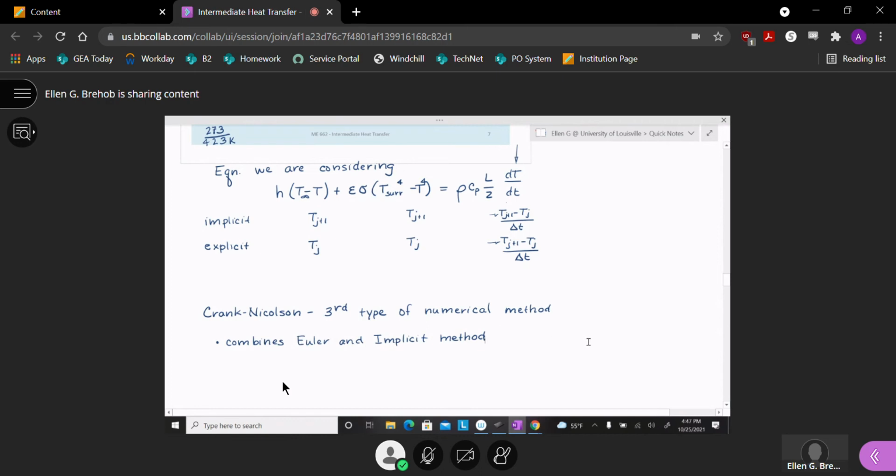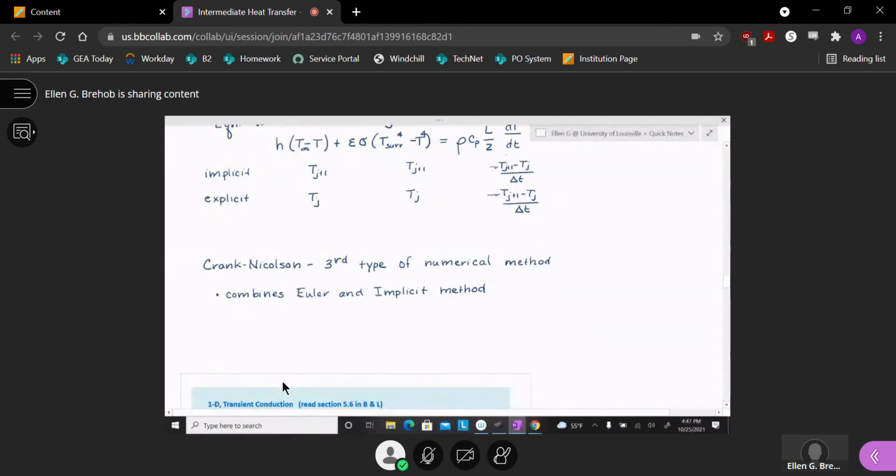So Crank-Nicholson combines Euler and implicit method. So if we think of Euler as another name for explicit, it combines these two methods. And so if I was going to write the equation, I'm shooting to this new temperature, Tj plus 1, and it's based on the temperature I'm currently at. But then you use the average of these slopes.